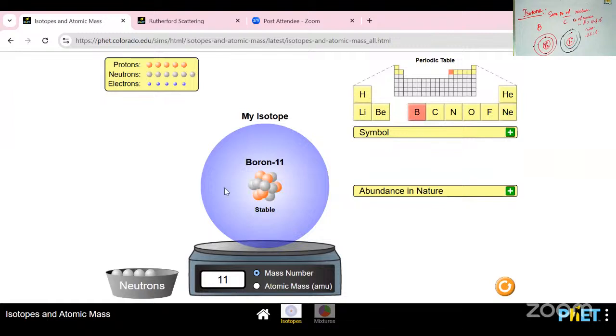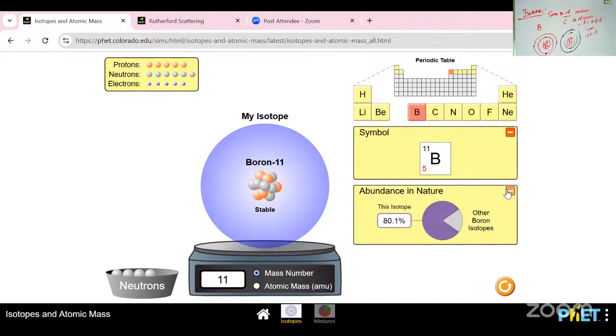And next one, I'm choosing boron. Boron is one example of an isotope. The proton number is 5, that is the atomic number, the neutrons are 6 and the electrons are 5. The symbol of boron is B. The mass number is 11 and the atomic number is 5.